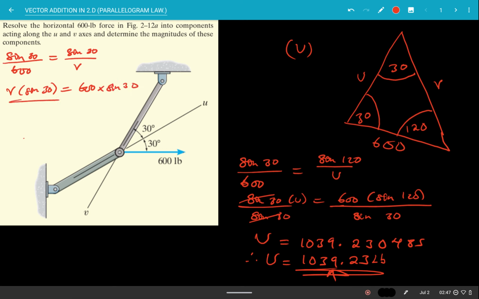Since I'm looking for V, I divide by sine 30 on this side, and I divide by sine 30 on this side. So V will be equal to, if we compute this, we get 600, which means the final answer is 600 pounds. Alright, so remember how to go about doing this.